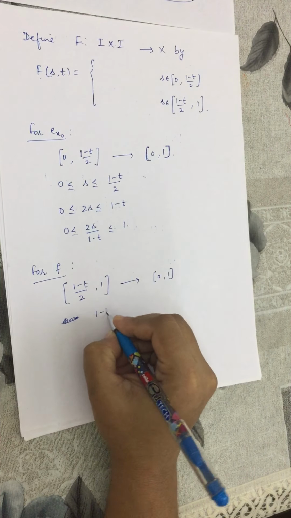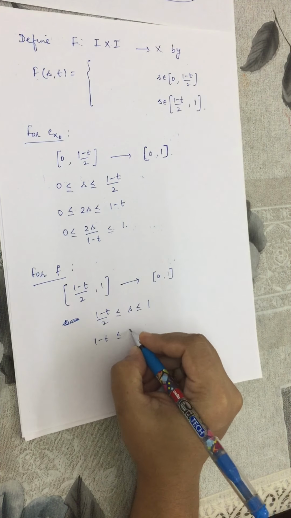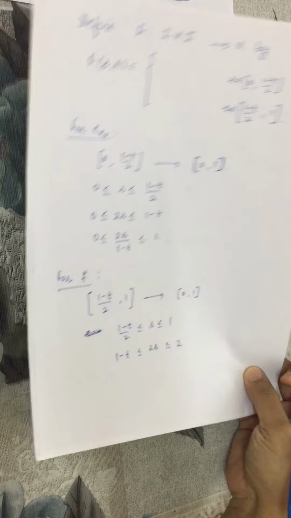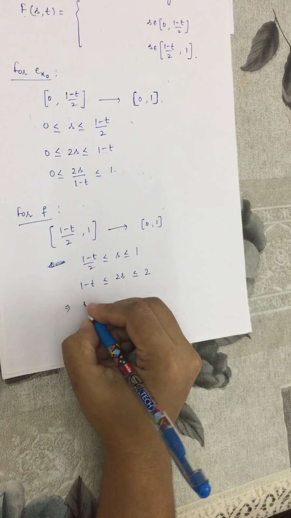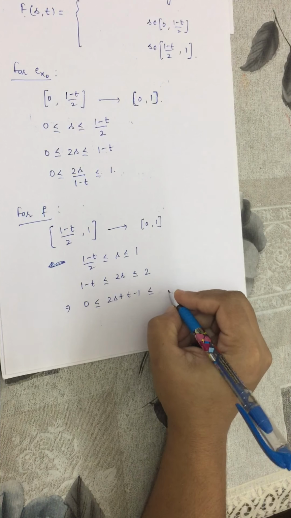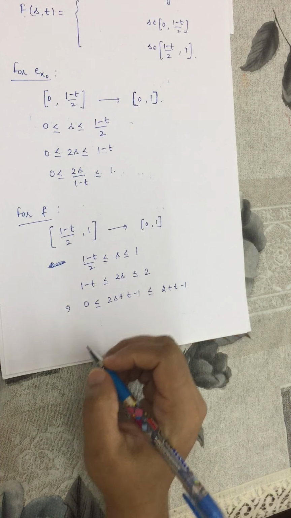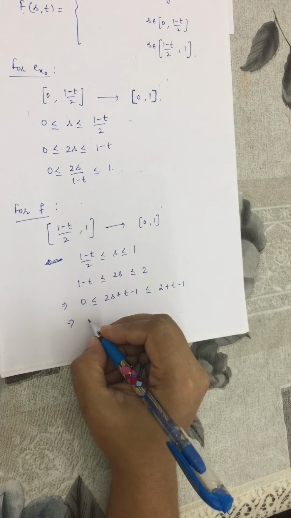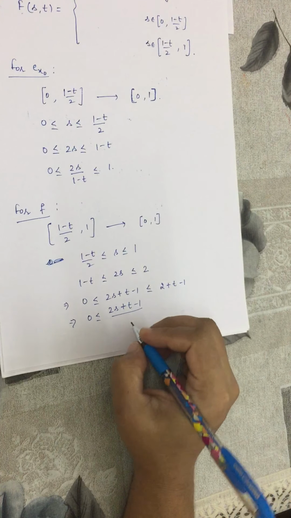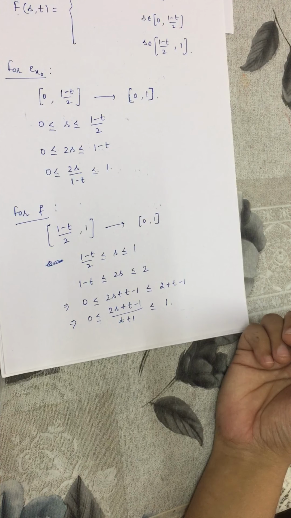Whenever s lies between (1 minus t)/2 and 1, then 2s lies between 1 minus t and 2, then 2s plus t minus 1 lies between 0 and 1 plus t, which means (2s plus t minus 1) divided by (t plus 1) lies between 0 and 1.